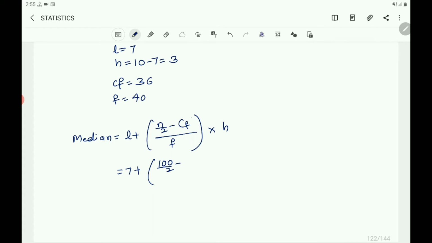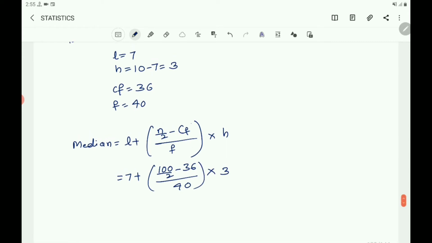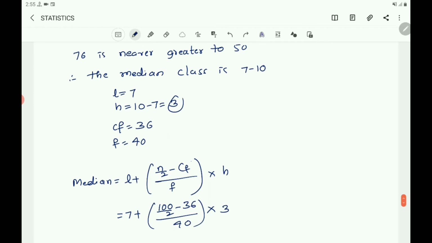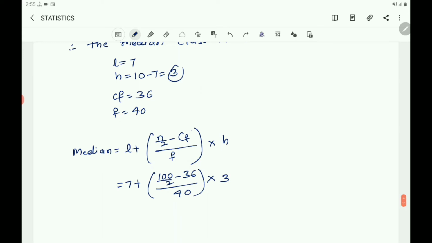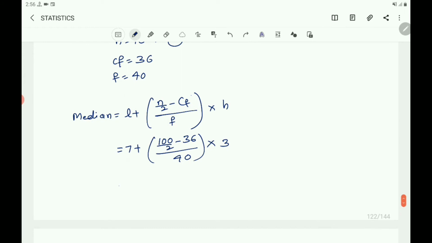CF is 36, F is 40 and H is 3. Then you write 7 plus 100 by 2 is 50 minus 36 by 40 into 3.